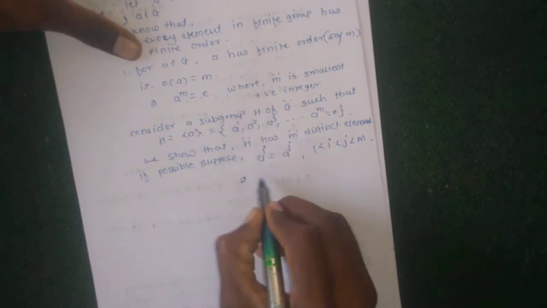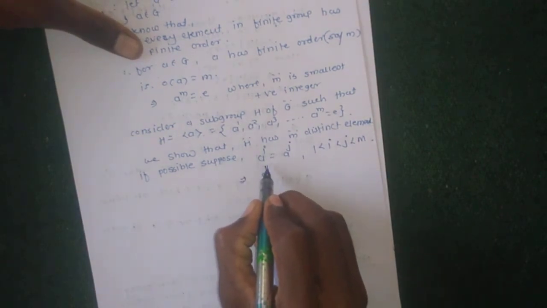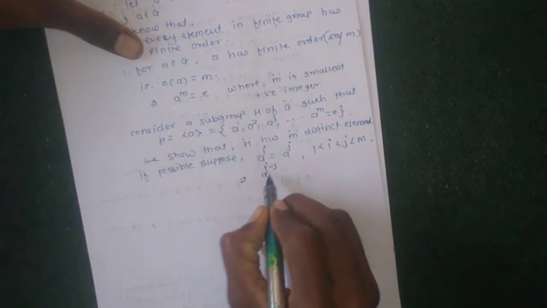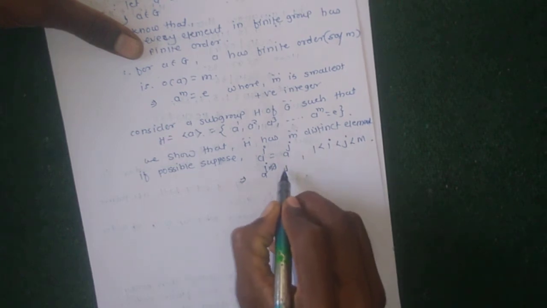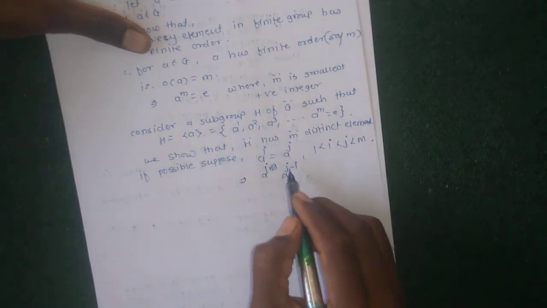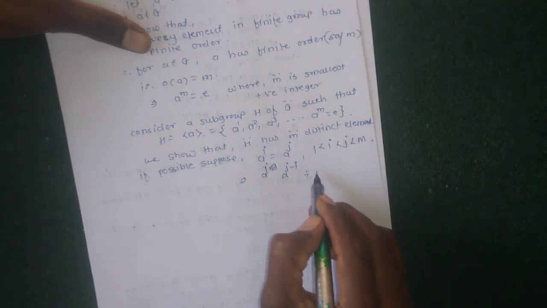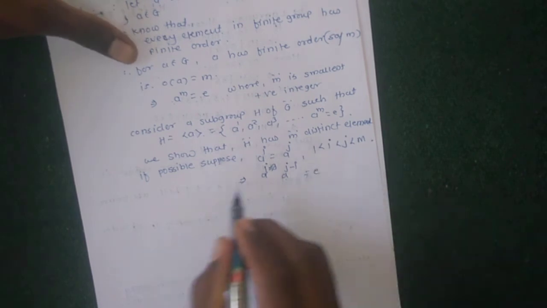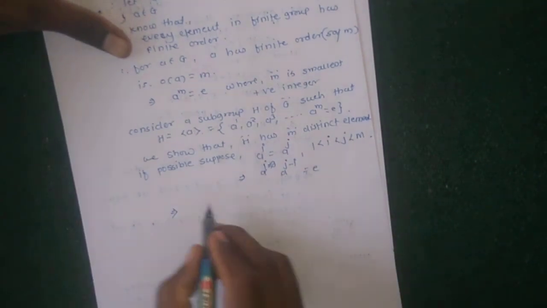So using this condition, a raised to i equals a raised to j implies that a raised to j minus i equals identity.